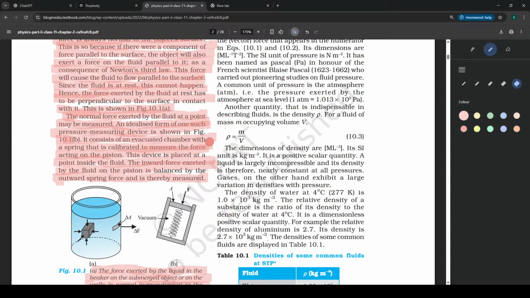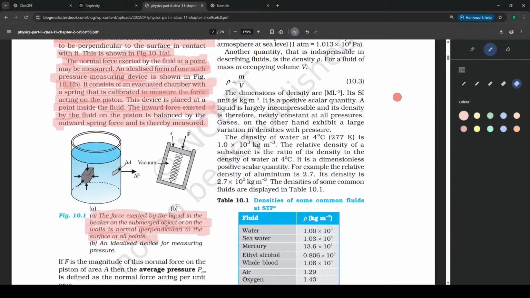It's not completely the same. Now this pressure measuring device consists of an evacuated chamber with a spring that is calibrated to measure the force acting on the piston. This is placed at a point inside the fluid.